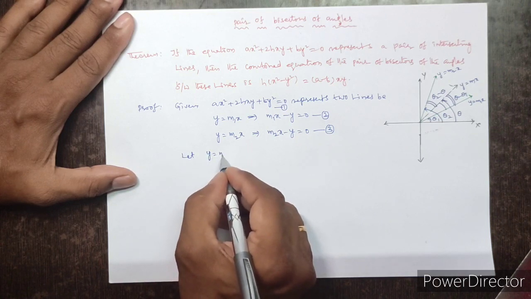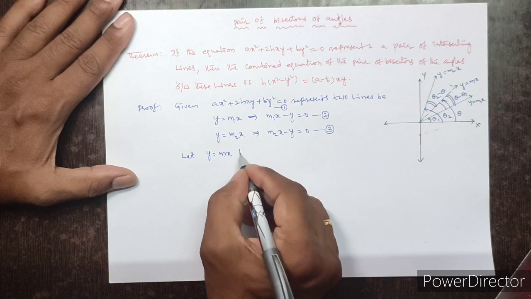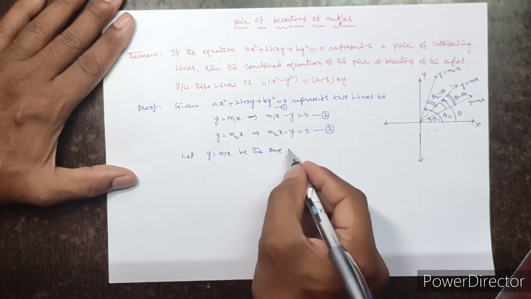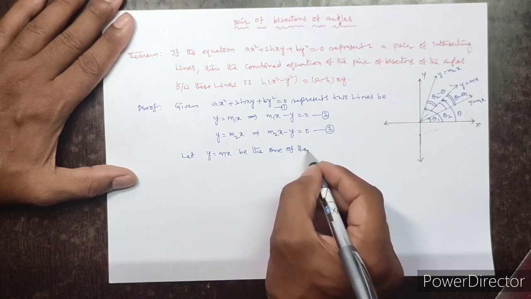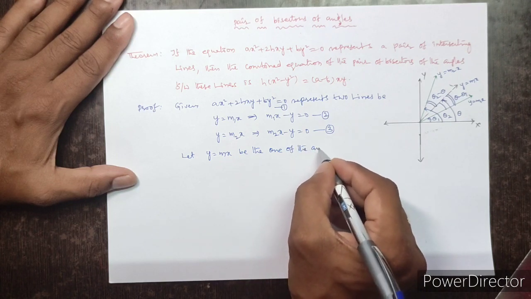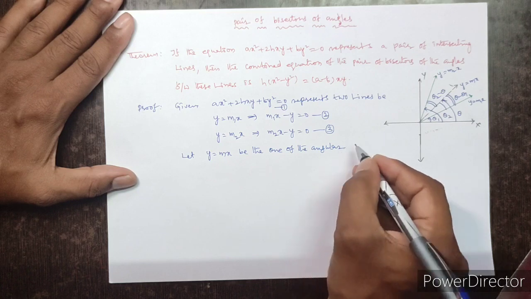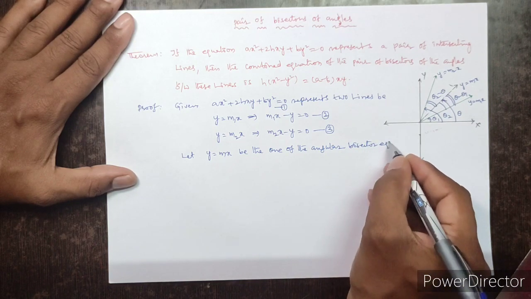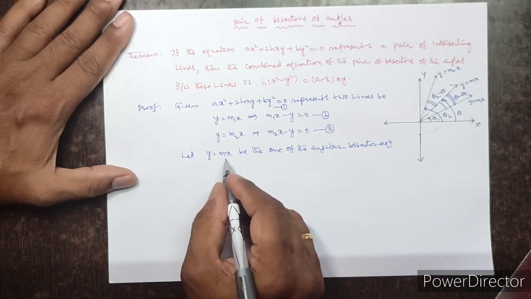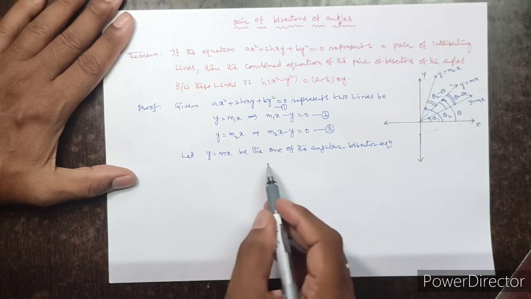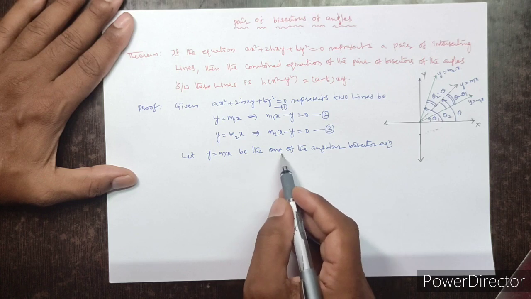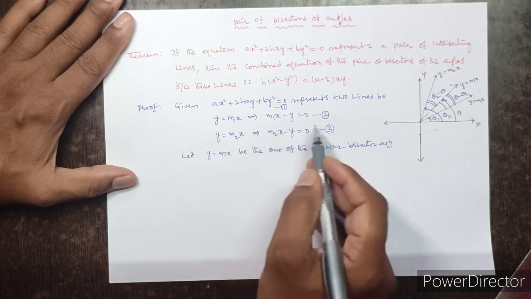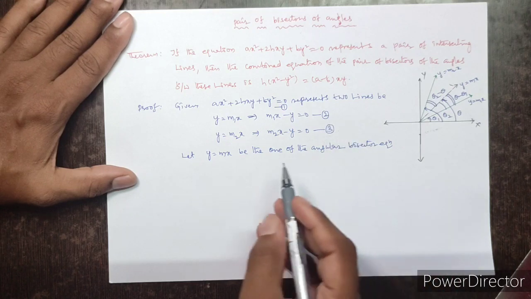Let y equal to mx be one of the angular bisector equations. Let this y equal to mx be one of the angular bisectors of these two lines, equation 2 and equation 3.